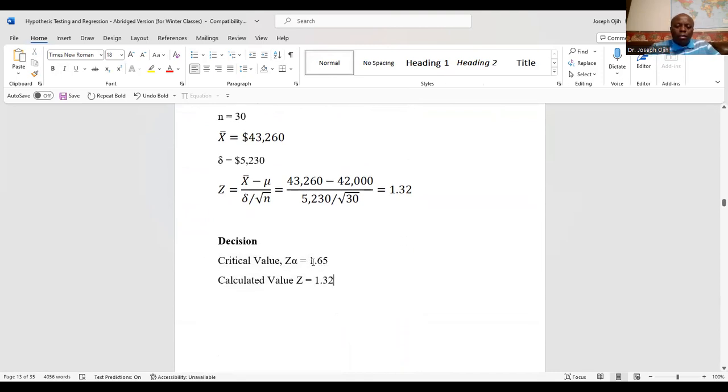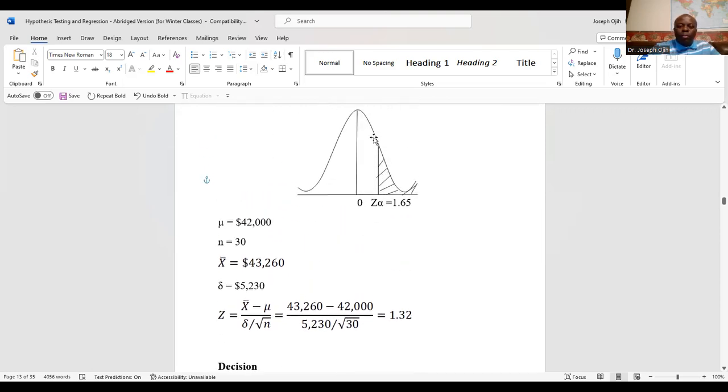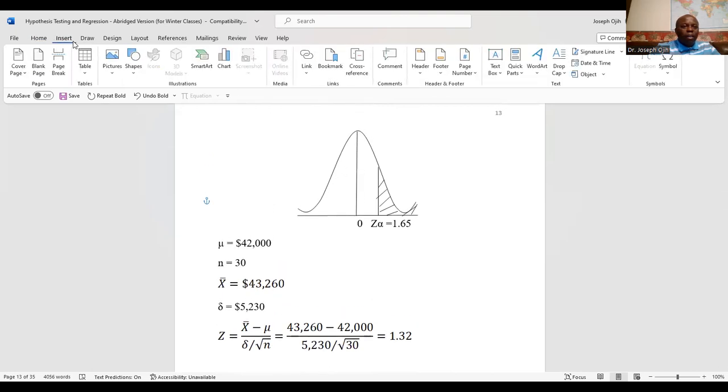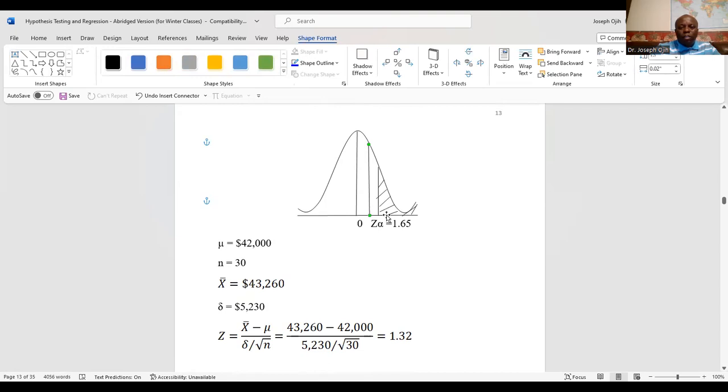The critical value is 1.65, but our answer is 1.32, which is less than the critical value. So 1.32 is somewhere here, which does not fall in the rejection region.